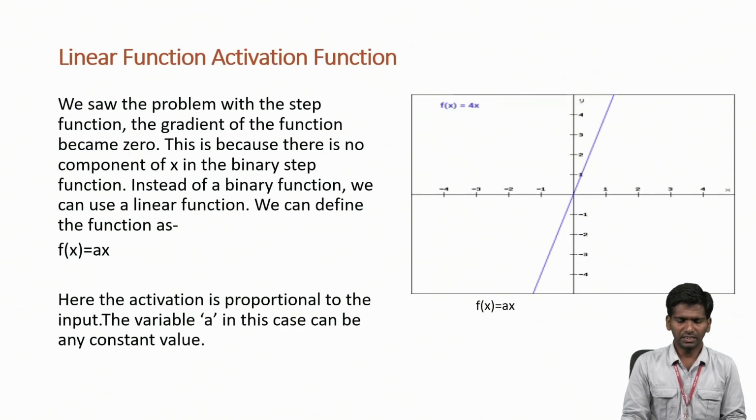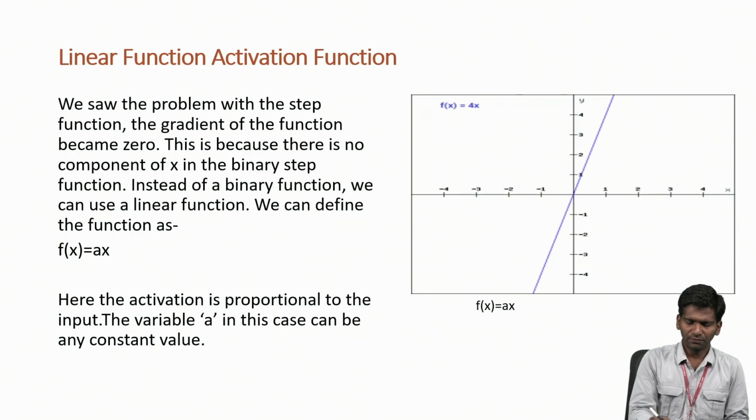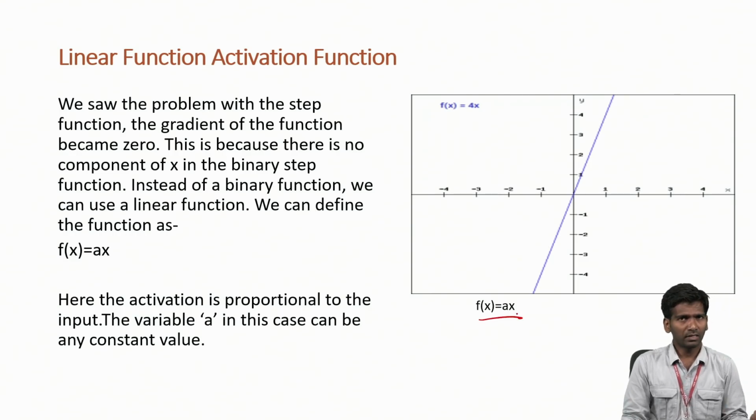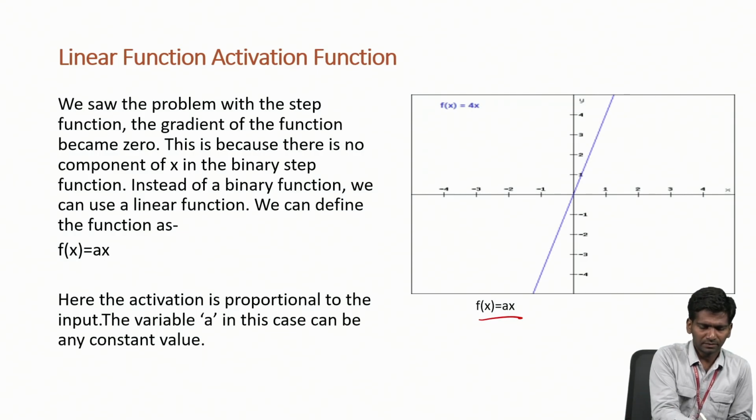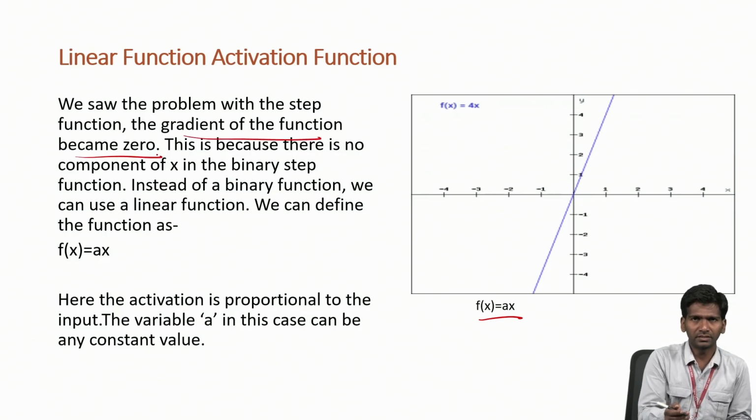Next, the linear activation function. It is somewhat more advanced than the binary step or unit step function. The drawback that the gradient of the function becomes 0 in the step function is overcome here, because there is no component of x in the binary step activation function.